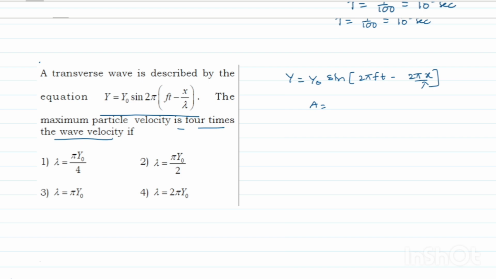Instead of the amplitude form, you can take it as y equals a sine omega t minus kx. Instead of omega here it will be 2 pi f, and instead of k you have to take 2 pi by lambda. So the amplitude here is y naught, and omega here is 2 pi f, as given already.